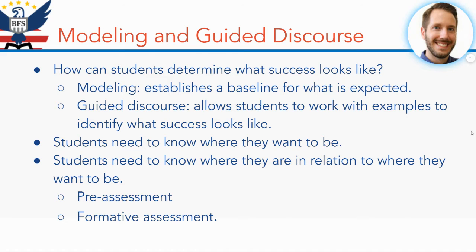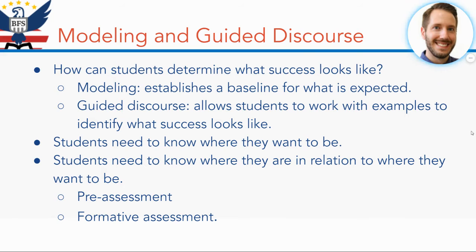The other thing that's very useful for students to determine what success looks like is guided discourse. This is where students would work in small groups or individually with examples of summative assessments to help identify what success looks like. They can then make anchor charts that in an artistic way explain what different levels of success on a particular standard are.